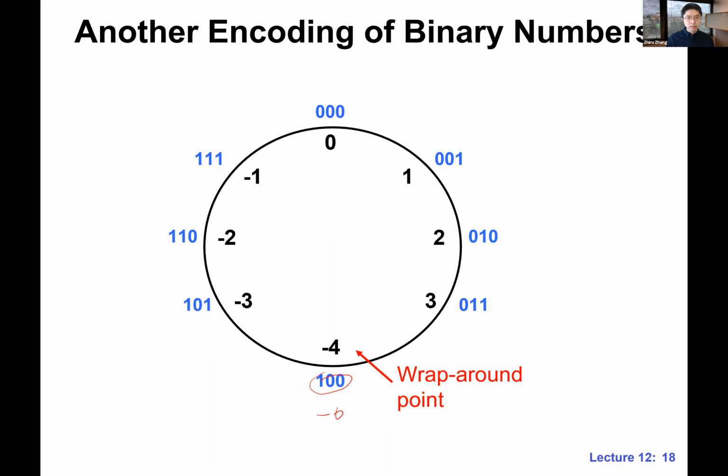This is not something we are going to talk about too much in this class, but there's something called modular arithmetic which underpins what's going on here. -4 modulo 8 is actually 4, and 4 is 100.